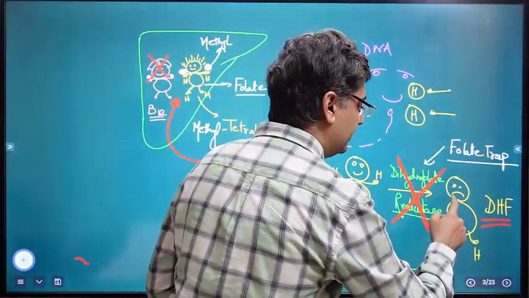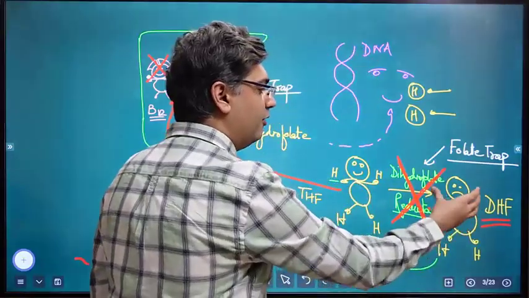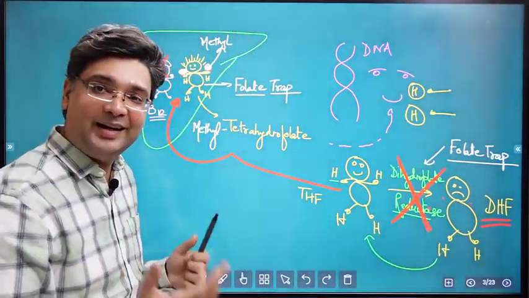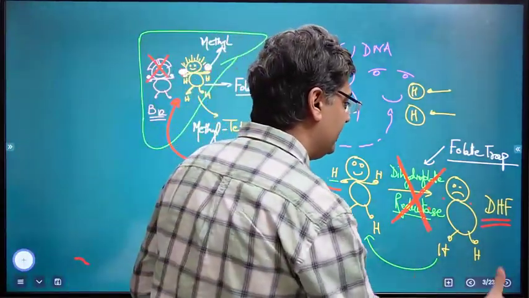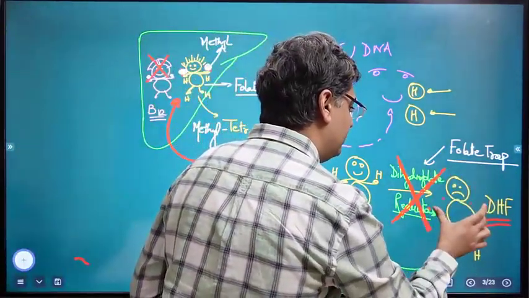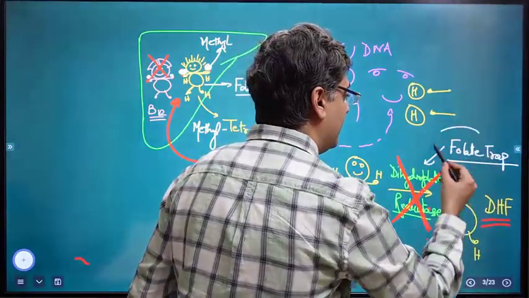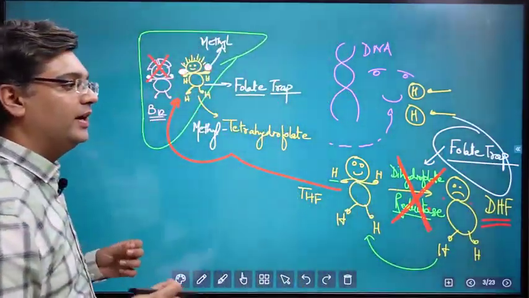It doesn't have its two hands, and how will it act again? It needs to act again and again, and it will not be able to. It would be stuck here without the limbs, and again our good old folate is trapped.